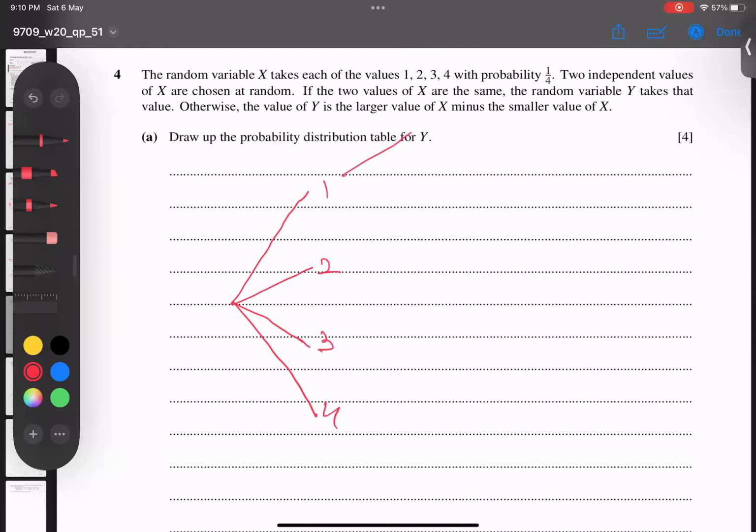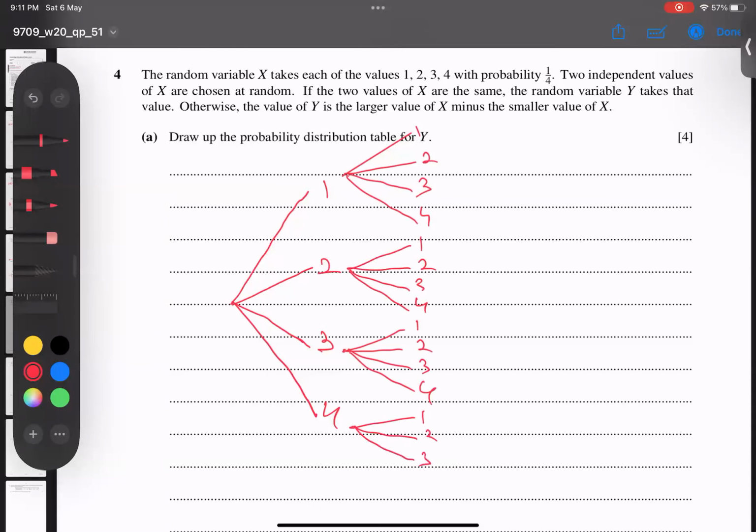Again, we have 1, then 2, then 3, then 4. I try my best because there is a chance of mixing up. Anyway, 1, 2, 3, 4. I can do it another way even, but I think this is easy to understand.